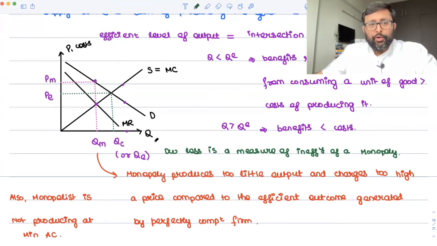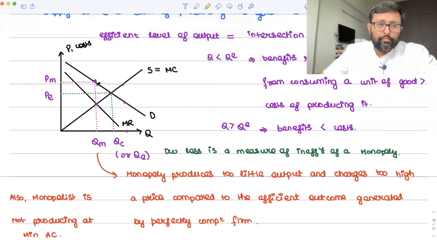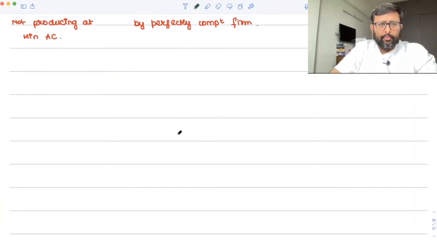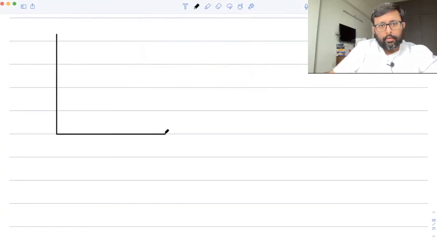Okay, now if you just want to look at it, you will find that there is one portion here. This is completely lost. Let me just draw a diagram for the deadweight loss so that you understand it better. So you have the output Q, you have price and cost, you have the demand function, right?